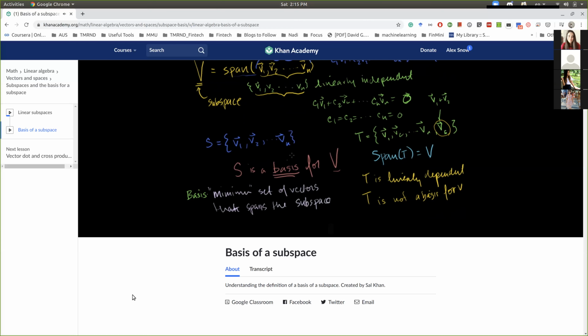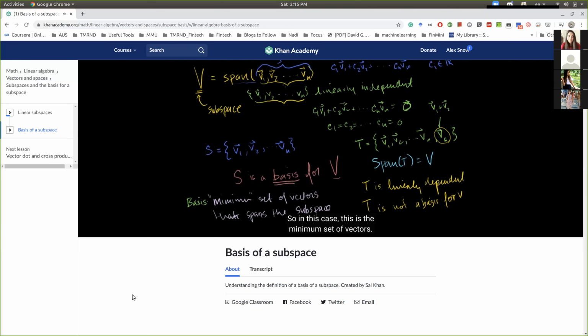So in this case, this is the minimum set of vectors, and I'm not going to prove it just yet. But you can see that this set of vectors right here does span the subspace, but it's clearly not the minimum set of vectors, because I could still remove this last vector here, and the span of what's left over is still going to get me to my subspace V. So this guy right here was redundant.